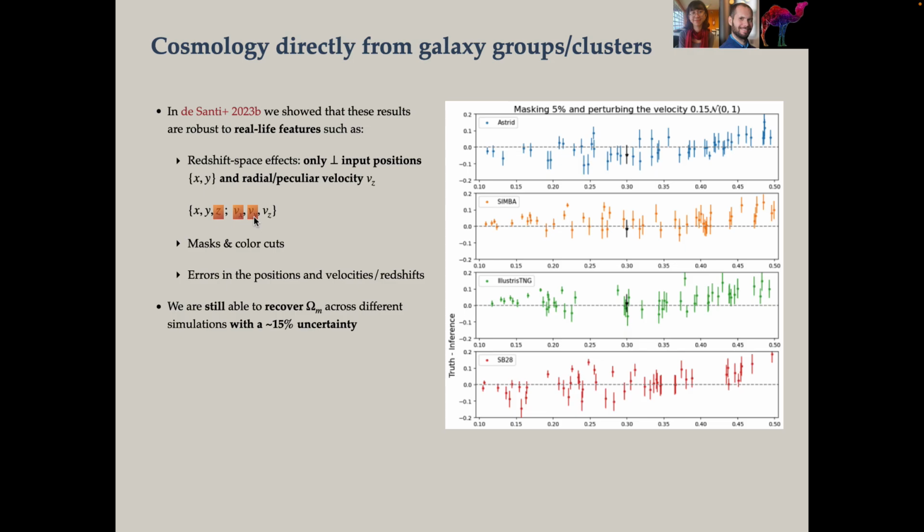Then we retrained. We also used many other tests like errors in redshifts, masks, color cuts, etc. And still we found that we could predict omega matter, but with an uncertainty a little bit larger, about 15%. Nevertheless, this is a proof of concept for the fact that there is cosmological information on small scales. You can recover it.